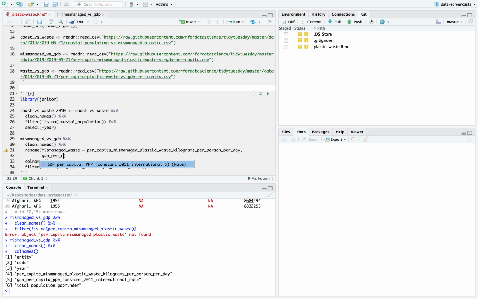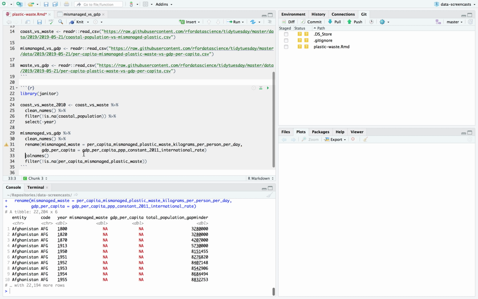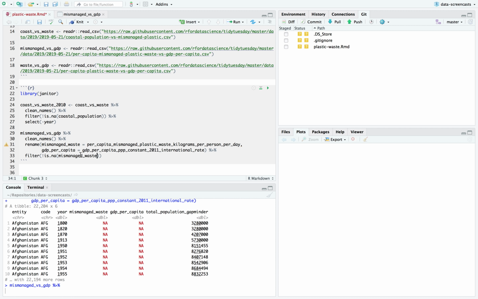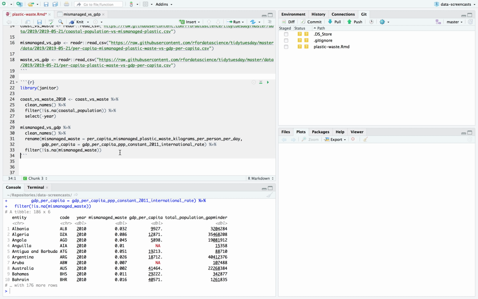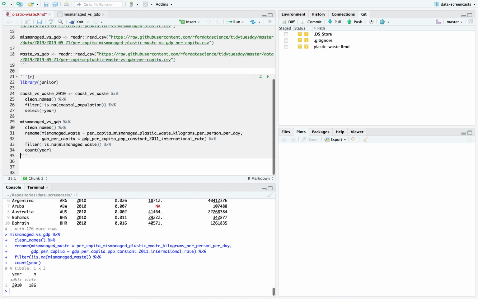And GDP per capita is this longer one. And I'm finally going to filter not is.na on mismanaged waste. It does look like I'm missing some, and also only 186. Let's take a look. Count year.